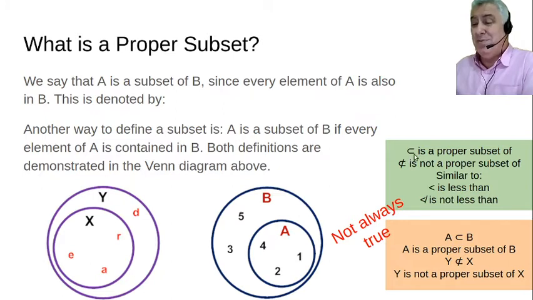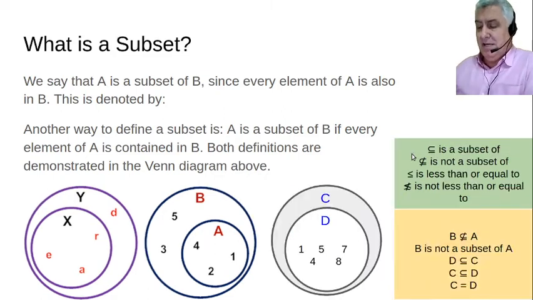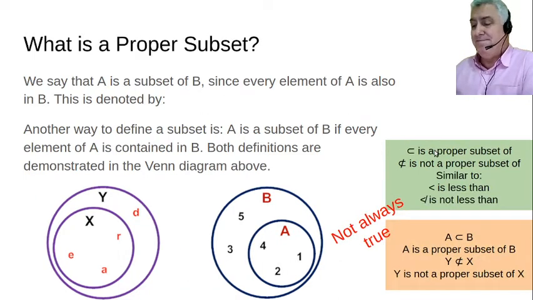So in some cases, this can mean subset depending on who you're talking to. But for me, today, it's going to mean proper subset, and subset will be this one with the line underneath, meaning equal to.